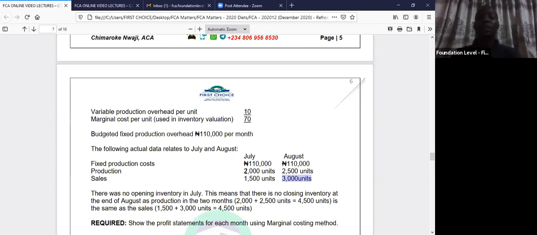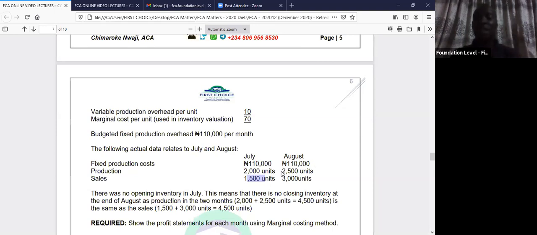You had nothing before, and you now produce 2,000. So 2,000 is in your store. At the end of the month, you find out that you sold only 1,500. It means that 500 is closing stock. So if 500 is closing stock in July, 500 will become opening stock in August.